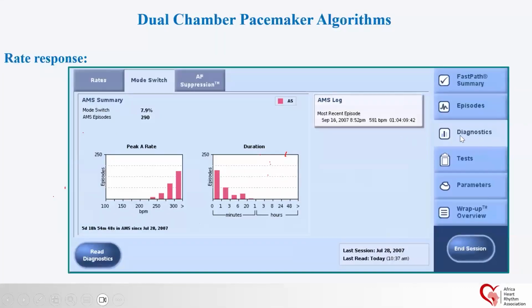Here also, at the same icon of diagnostics, we can check the atrial rate and duration. And here, just for checking in mode switch, for checking if the patient had atrial tachycardia or atrial fibrillation. And like that, we can see here real atrial fibrillation is greater than 300 beats per minute, and those may be an atrial tachycardia or atrial flutter.